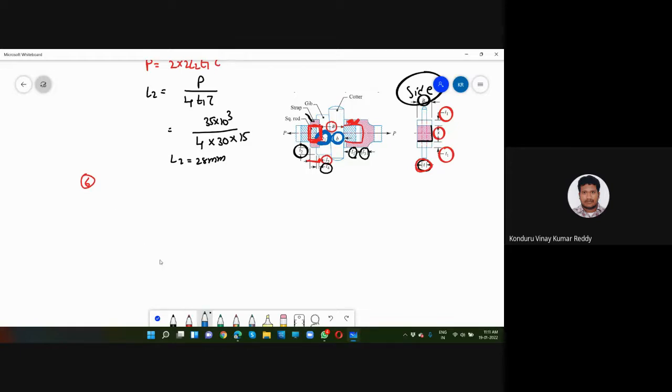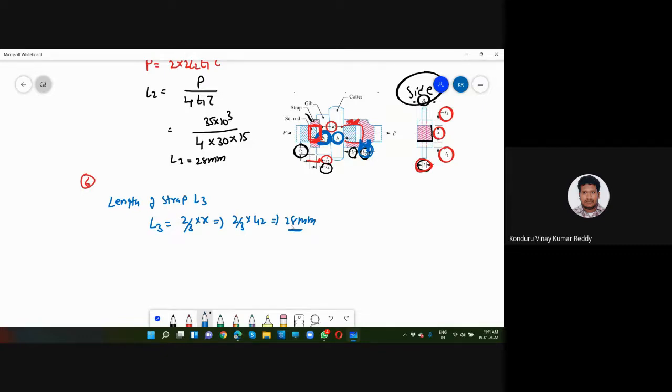The sixth one is the length of the strap, that is L3, from here to here. L3 is equal to 2 by 3 into X. 2 by 3 into 42 millimeters gives 28 millimeters as the answer.